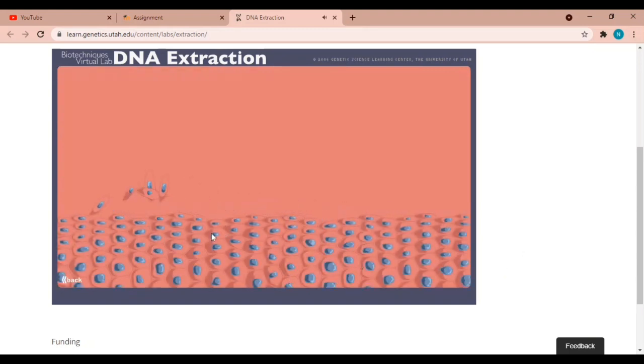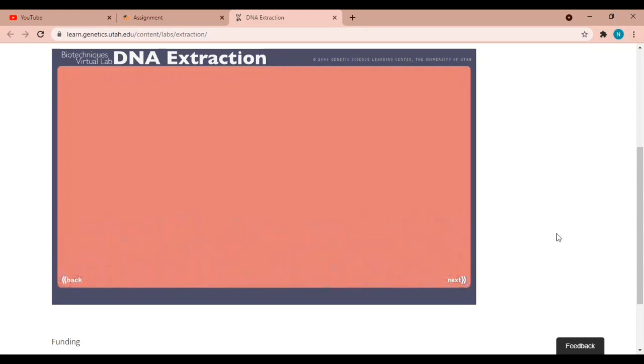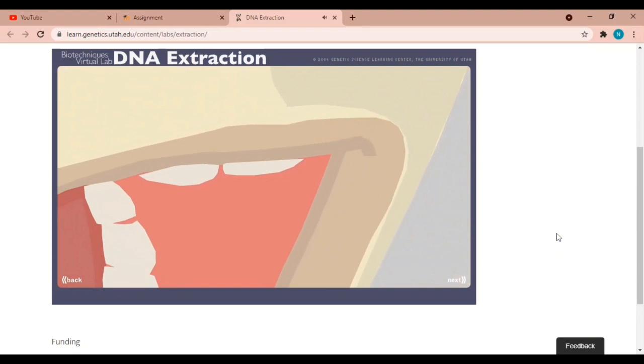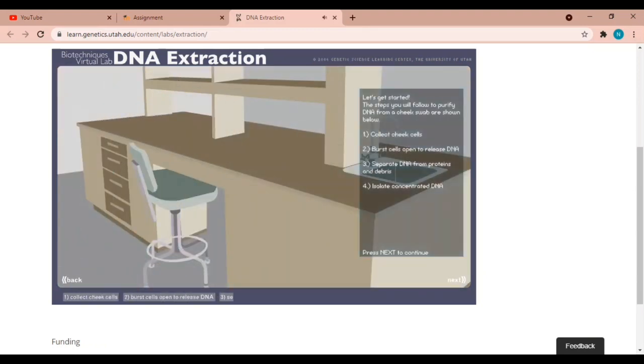So these are the cheek cells. The skin on the inside of our mouth loses thousands of cells every day. These are the cells we're after. So press next to continue. The steps I will follow to purify DNA from a cheek swab are shown below.